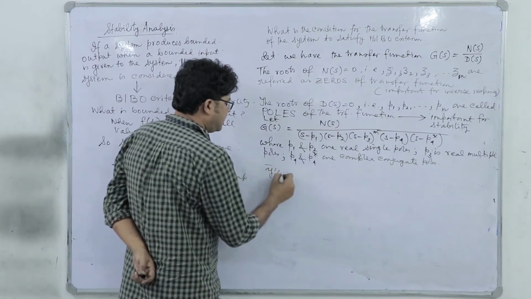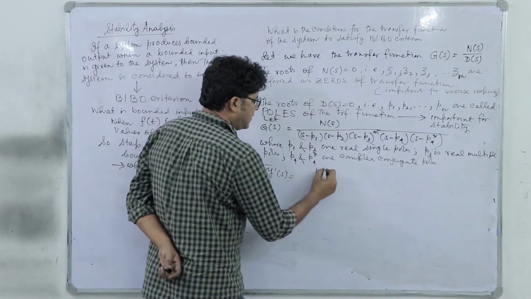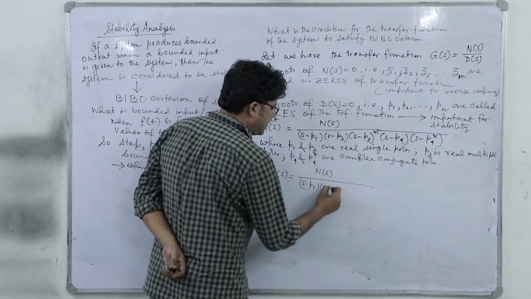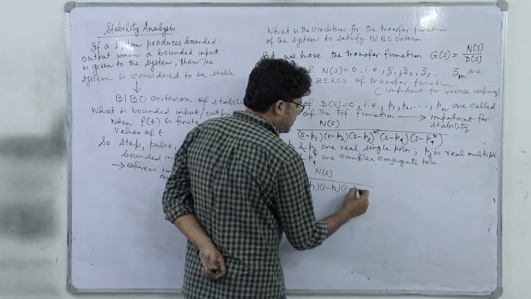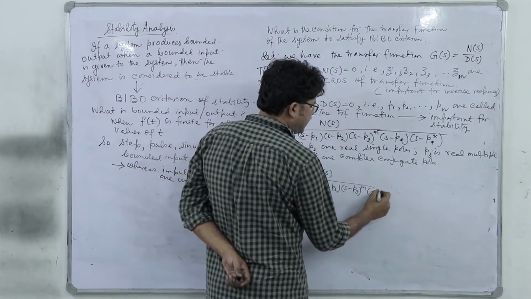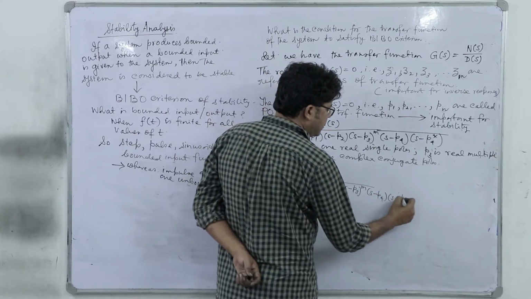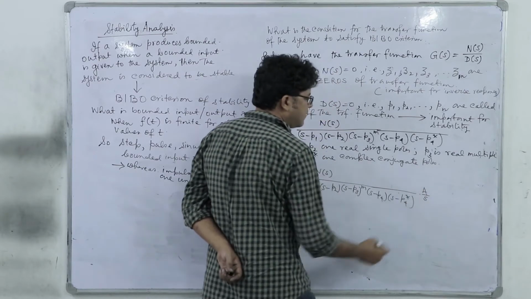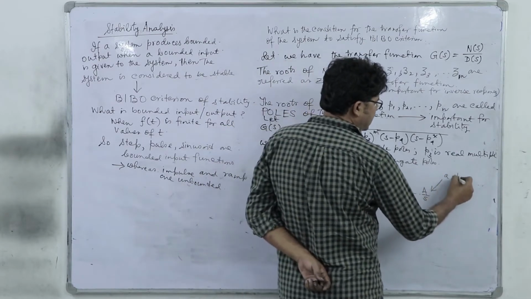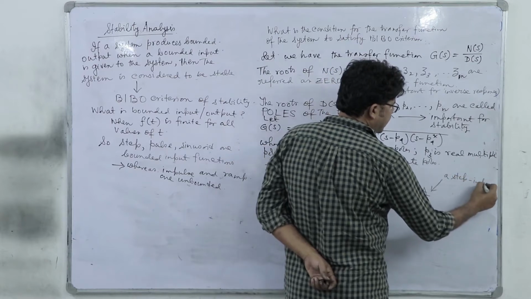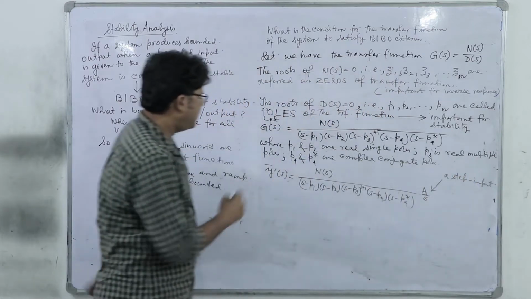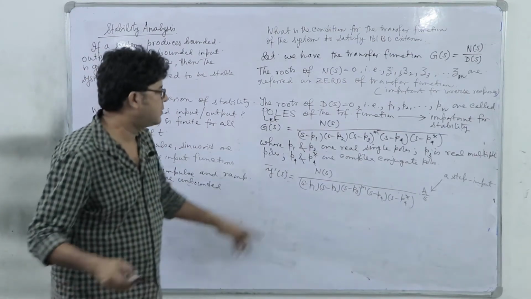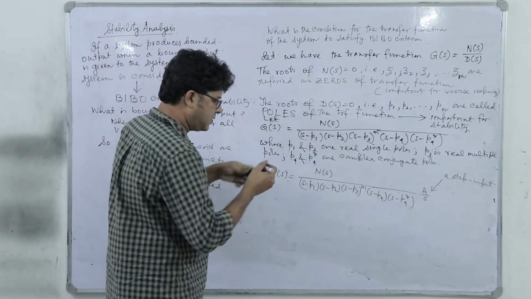So, Y bar(s) is this N(s) divided by (s minus p1)(s minus p2)(s minus p3) to the power m (s minus p4)(s minus p4 star) into, let's say, A by s. A step input we are giving. So you have to get, in principle, the inverse Laplace transform, that is the time domain response.